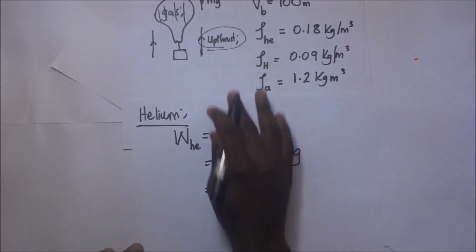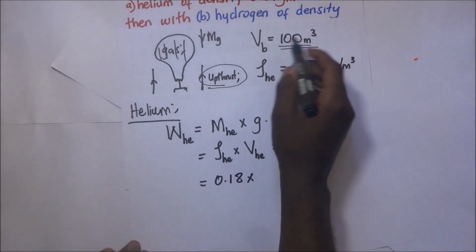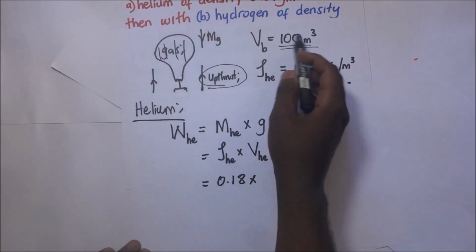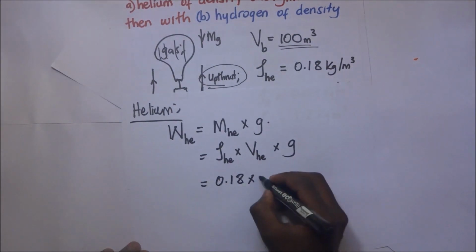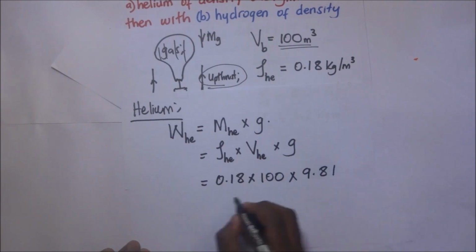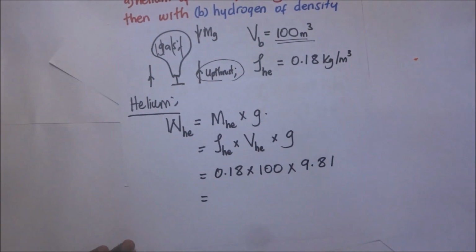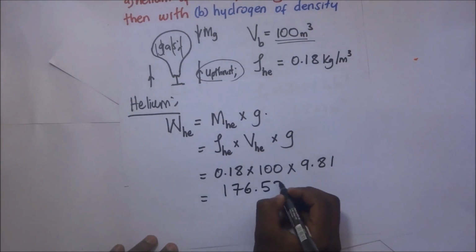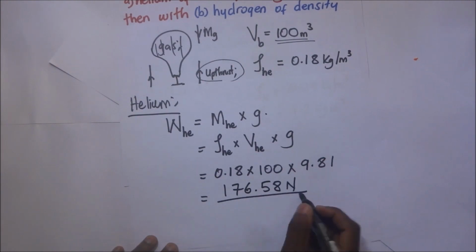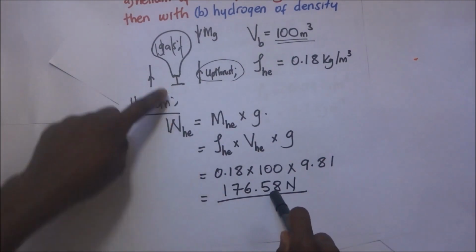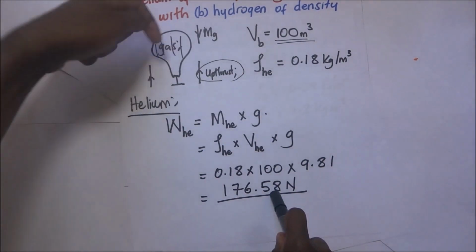Of course, the volume is the same as the volume of the balloon, which is 100 meters cubed. So this is times 100. Multiply that by the gravity, which is 9.81, and when you sum that up, we shall end up with 176.58 newtons. That is the weight, that is the force of the helium gas when it is inside here.